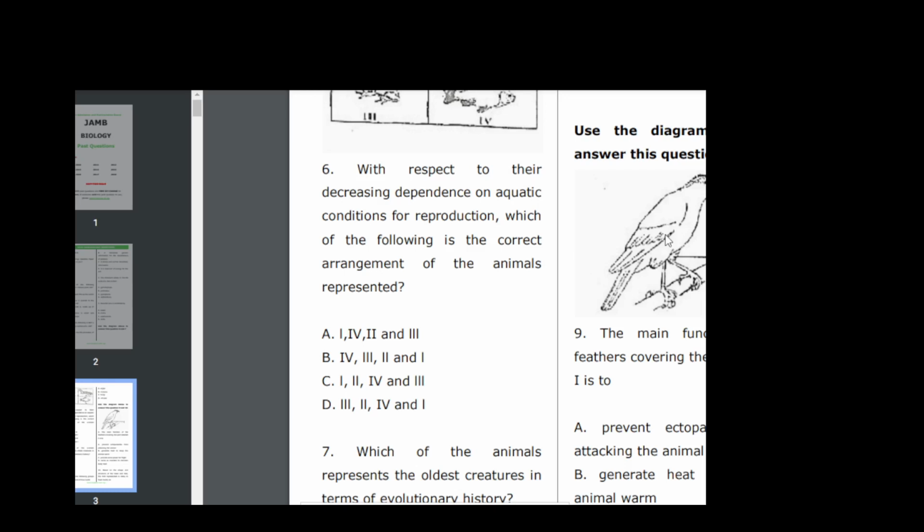Are we together? We have the one that is called the flight feather. The flight feather is found at the tip of the wings.